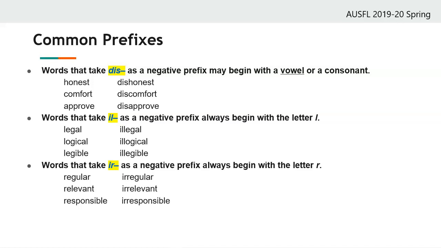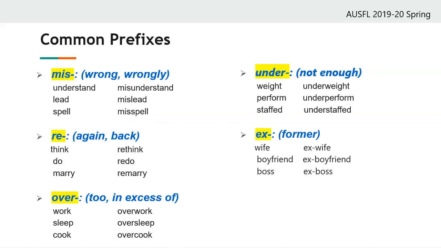Ir. Words that take ir always begin with the letter R. Regular, irregular, relevant, irrelevant, responsible, irresponsible.